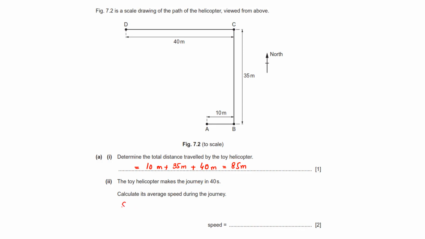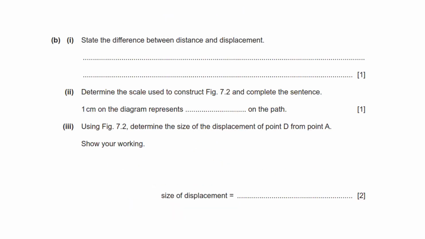The average speed equals distance over time. So this is 85 meters divided by time, 40 seconds. This comes out to be 2.125 meters per second.